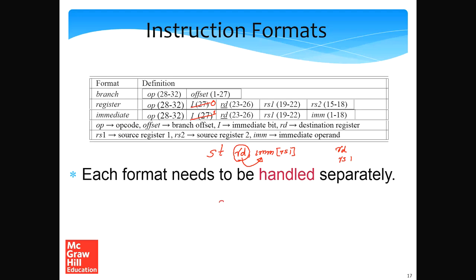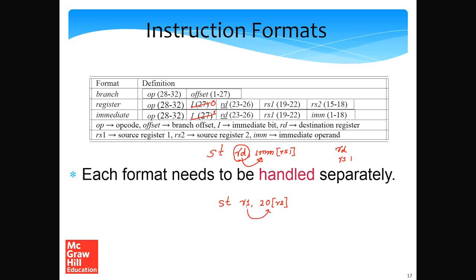Let me give one more example if it's still not clear. Let's assume we have an instruction of the form store R1. In this case, R1 is a source register which needs to be read, and then we need to compute the memory address by taking the contents of R2 and adding 20, and we need to effect a store.